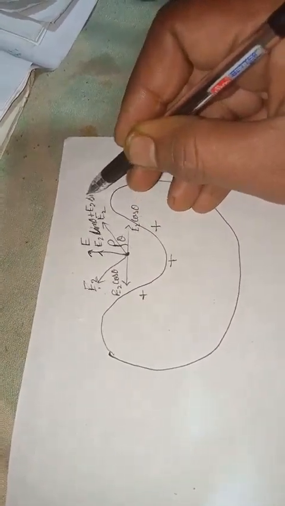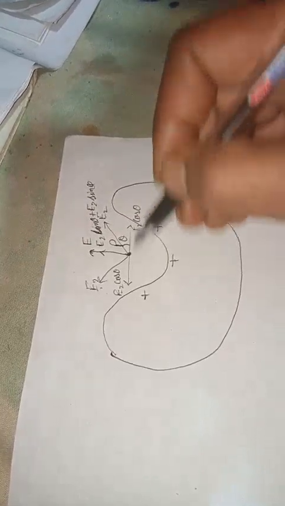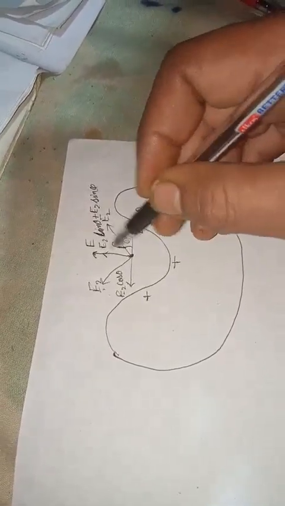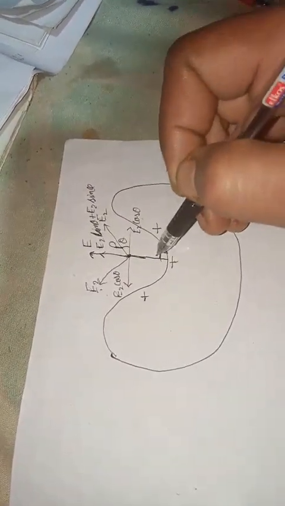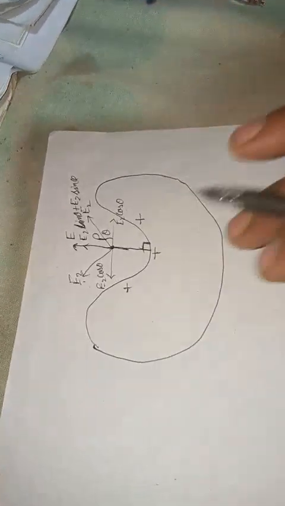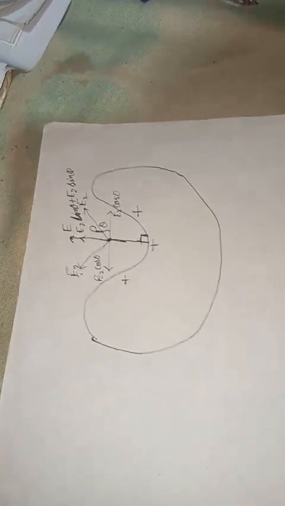So here also the horizontal components cancel out each other, and the net vertical component will be perpendicular to the surface of this conductor. So in each and every case the electric field is perpendicular to the surface.